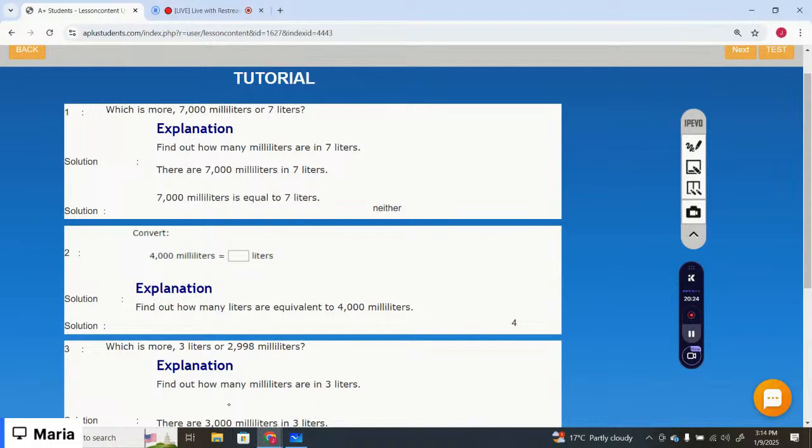Okay, then 4000 milliliters equal how many liters? 4000 milliliters equal 4 liter.